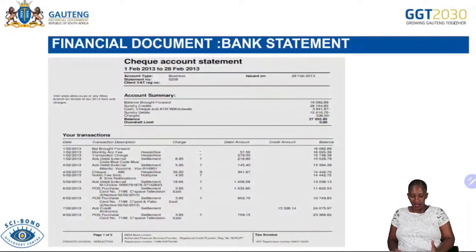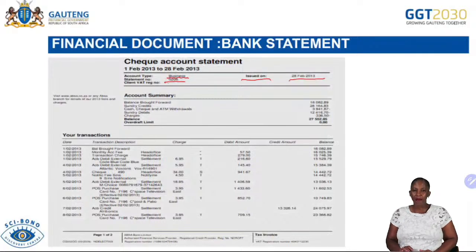And then it says the account type, it's a business, and the statement number, and the date that the statement was issued. It says issued on 28 February, the account type, the date indicated, and the statement number, that is statement 206.